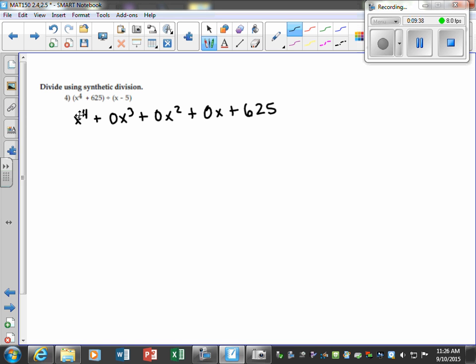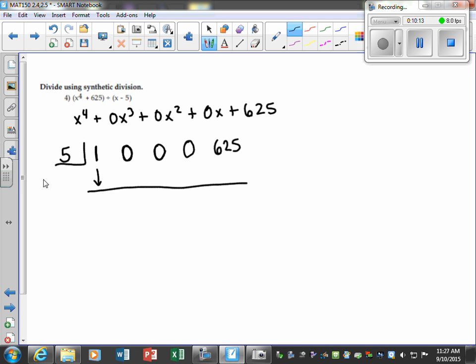For synthetic division, it's very important to be in descending order, with zeros as placeholders for any missing term. Then what's the coefficient of x to the fourth? 1. Then the coefficients of x to the third, x to the second, x to the first power, and the constant. Because it's in this parenthesis format, what is this number going to be? Positive 5. Good. Now we're ready to start.